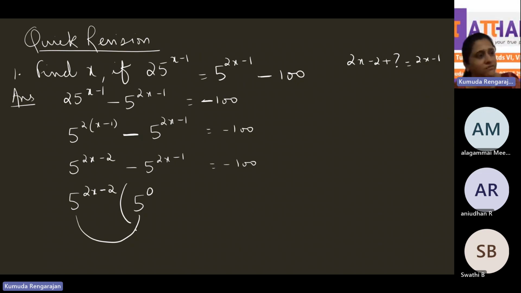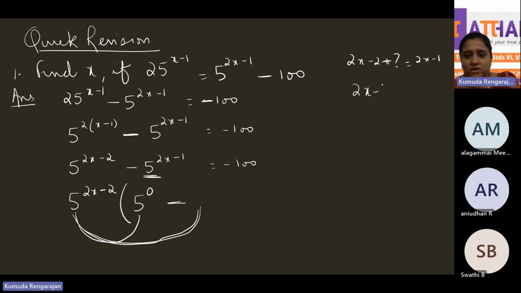So into 1, and 1 can be written as 5 to the power 0, minus. Now this into what will give you this second term? Look at the powers. You have 2x minus 2. When it's multiplication, you should add the powers, right? So 2x minus 2 is the power here. 2x minus 2 plus what will give you the power 2x minus 1?